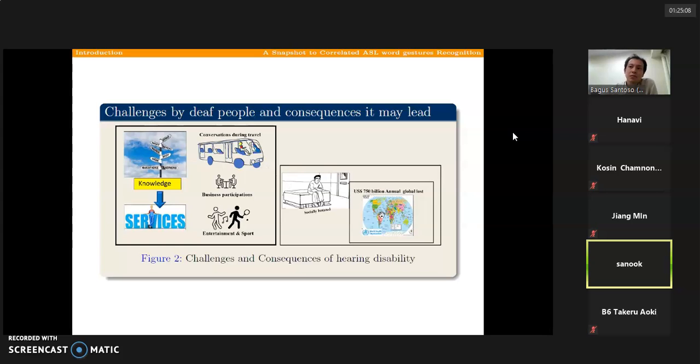As reported by the World Health Organization, because of these unaddressed ineffective translation systems, every year the world is losing around 750 billion US dollars in the process of addressing the issue of social isolation, which normally brings mental illness and mental retardation to deaf people.